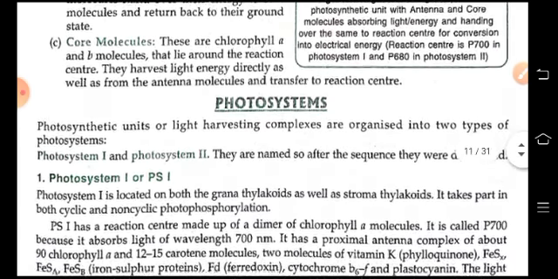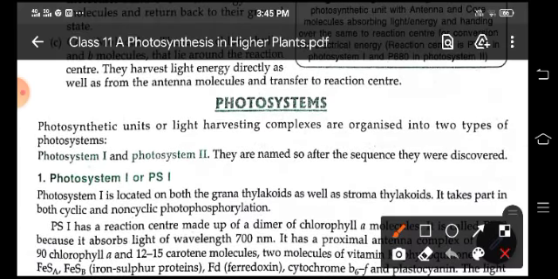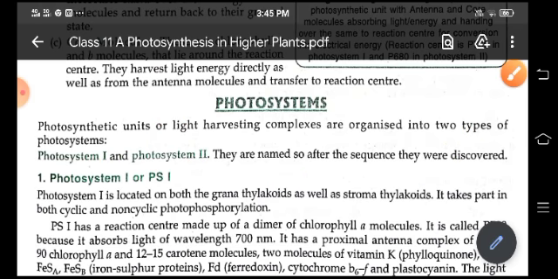Now photosynthetic unit or the light harvesting complexes are organized in two types of photosystems: photosystem 1 and photosystem 2. Now photosystem 1 is located on the grana thylakoids as well as stroma thylakoids, and it takes part in both the cyclic and the non-cyclic photophosphorylation.